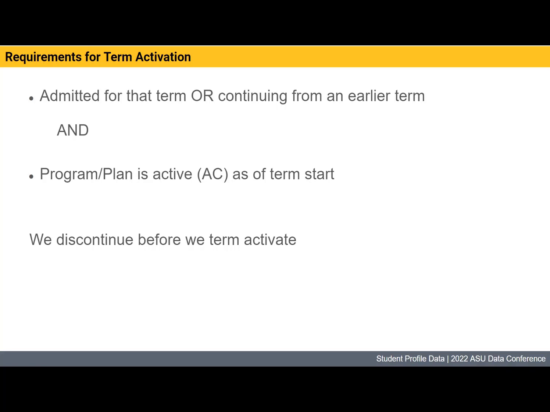And as soon as we're done with that, we term activate for the upcoming semester. So that's why there's a pause. That's why new admits for the future don't always have an academic level or credit hours posted, because we have to wait until we've passed the 21st day.